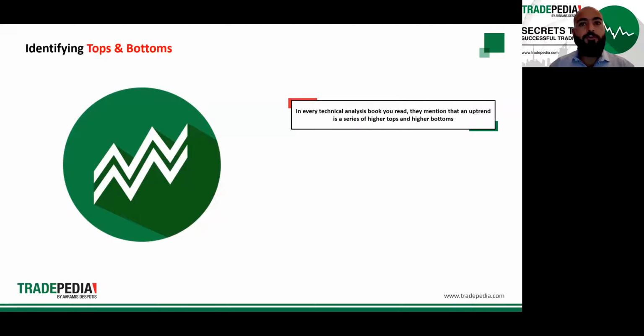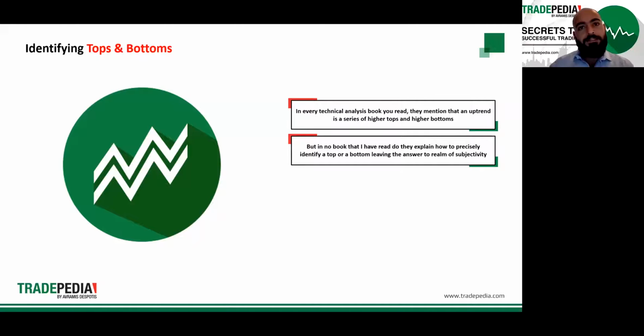All we have to do is look at the sequence of tops and bottoms and then decide whether we have a trend or not. Now, the problem lies in the fact that in no book you read about technical analysis, it is clearly stated how to identify the tops and the bottoms. While identifying a trend is easy, identifying tops and bottoms can be very subjective.